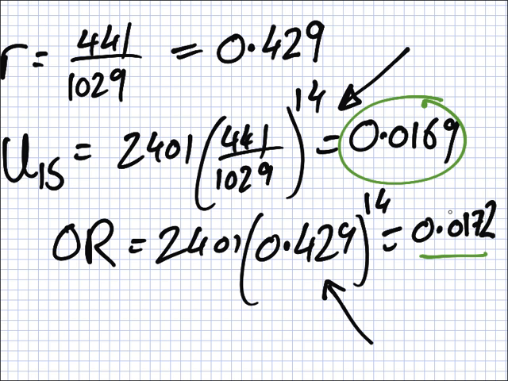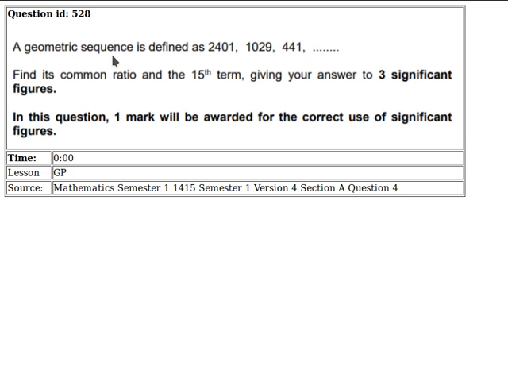We'll go back to the question now and see if there's any clues to which one to choose. Let's see. So, a geometric sequence is defined as that. Find its common ratio and its 15th term, giving your answer to three significant figures. Now, that's kind of interesting that they didn't say giving your answers.